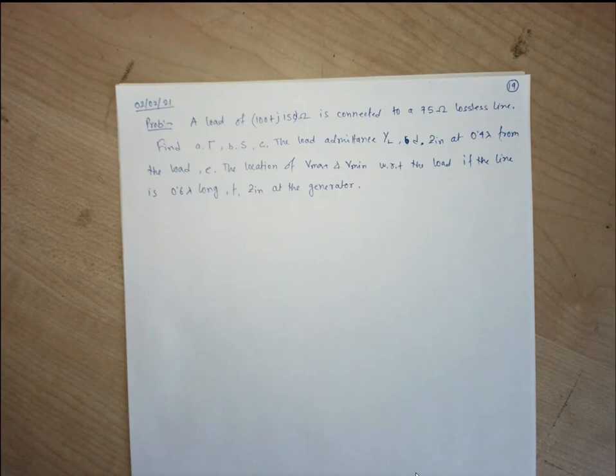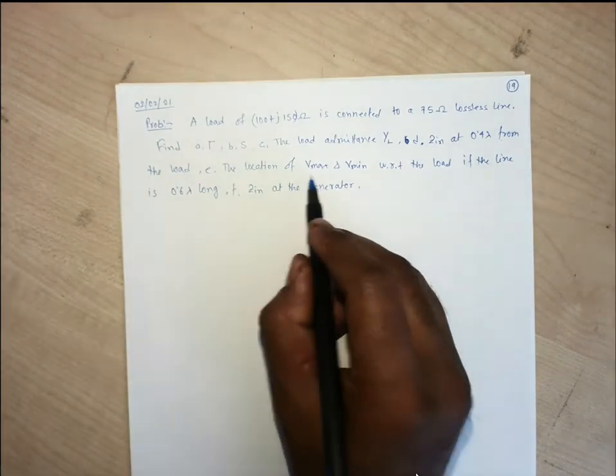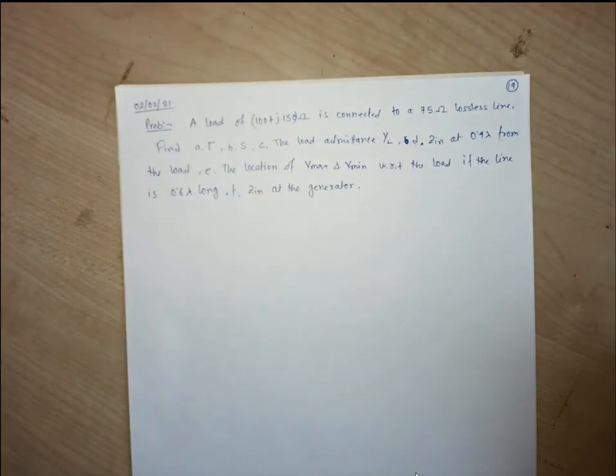Then fifth point, the location of Vmax and Vmin with respect to the load. So from the load, we need to find the location of maximum voltage and the location of minimum voltage on the transmission line.